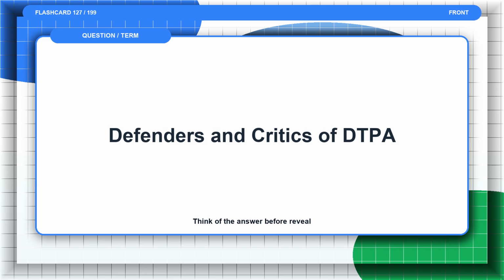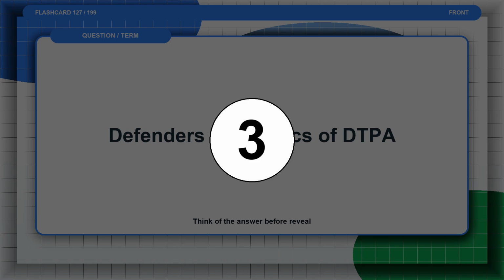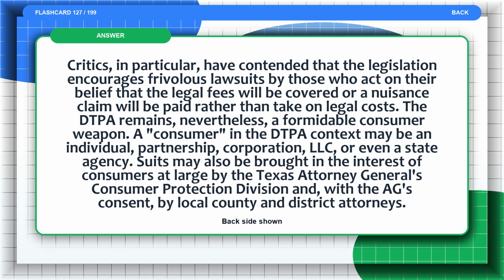Flashcard 127. Defenders and critics of DTPA. Pause and think of the answer before the reveal. The answer is critics, in particular, have contended that the legislation encourages frivolous lawsuits by those who act on their belief that the legal fees will be covered or a nuisance claim will be paid rather than take on legal costs.